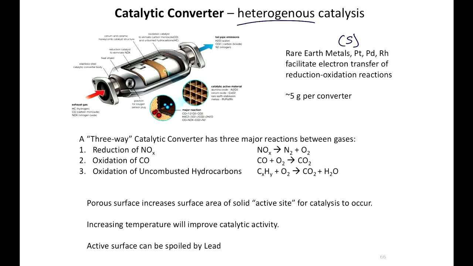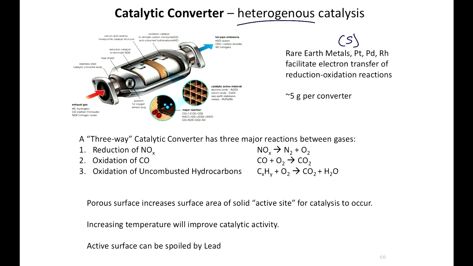But then why do heterogeneous at all? It's because platinum is easier to get in terms of finding a sufficient catalyst that will act with gases. It's hard to find ones in the aqueous phase or the gas phase to introduce into a car exhaust system, so solid is our best bet. So how we get around the crappiness of a heterogeneous catalyst is to add a lot of surface area.